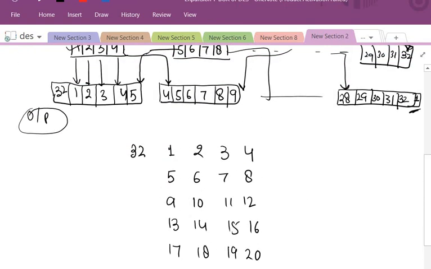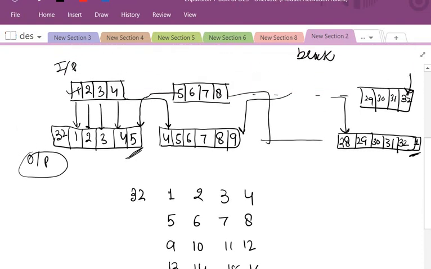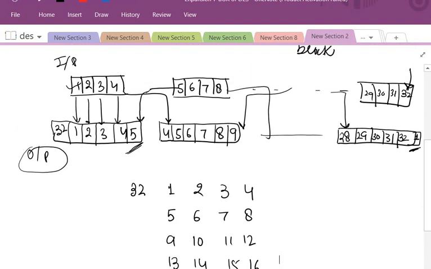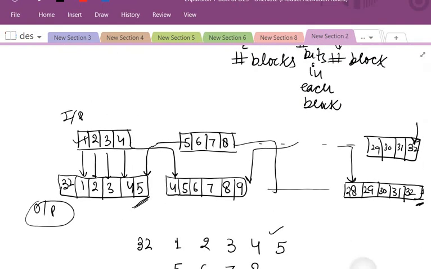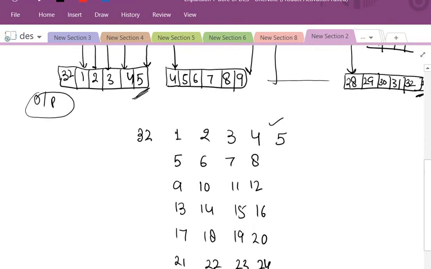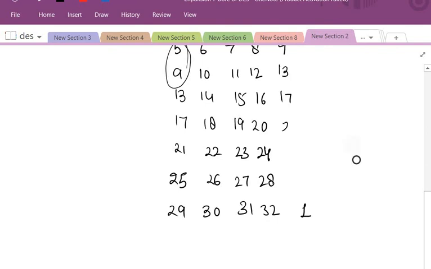Now you can see in this position, this is a copy of the next value. The next value is 5, and this one is copied from the previous one, and the next value is 9. Now this table continues with the forthcoming values like 17, 21, 25 and 29.